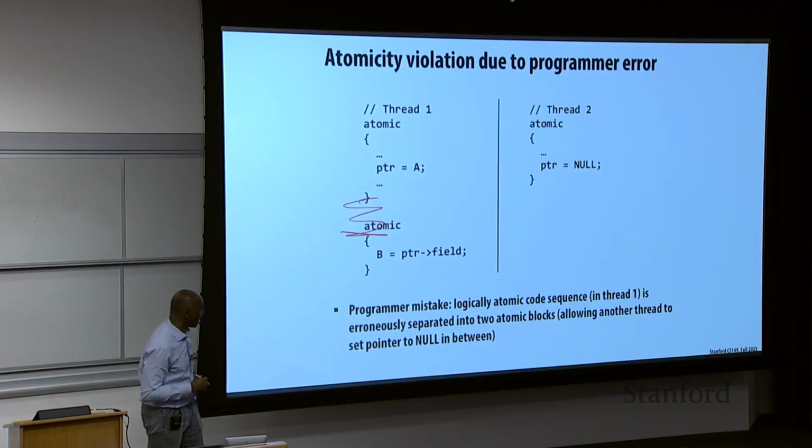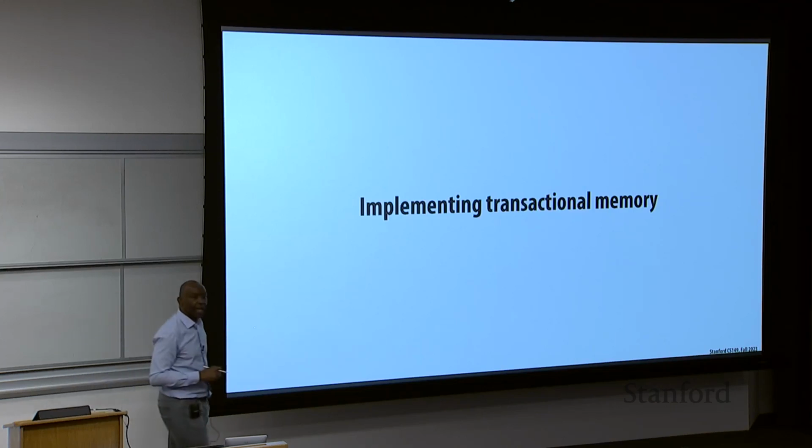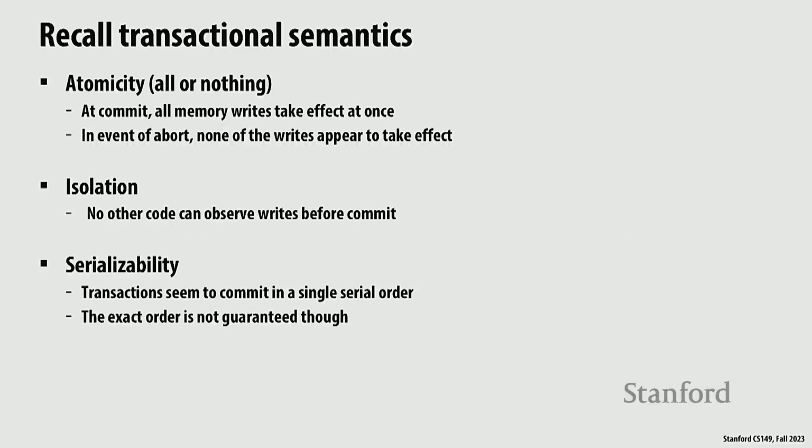Okay. So, all right. Any questions about the abstraction of transactional memory and why it's useful? Okay, let's talk about the fun stuff, the implementation of transactional memory. How do we actually make this abstraction work? Okay?